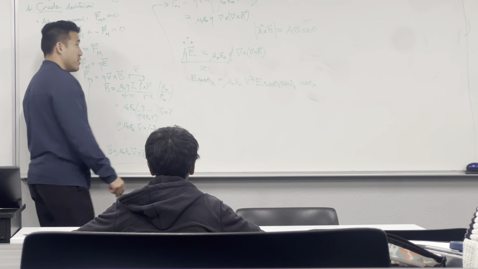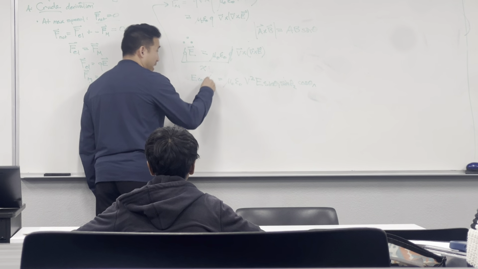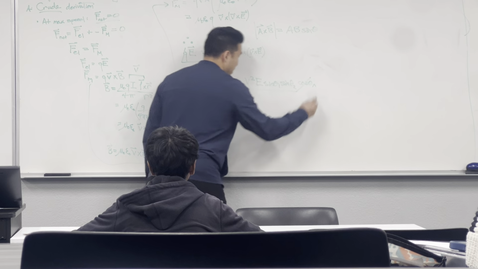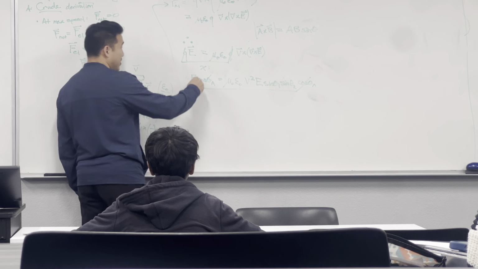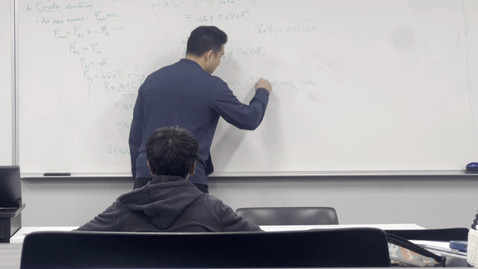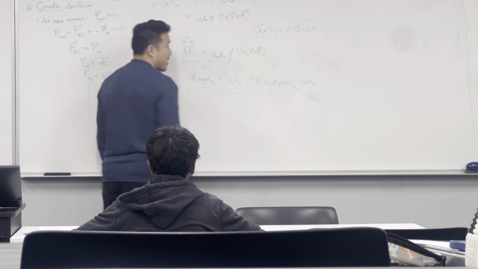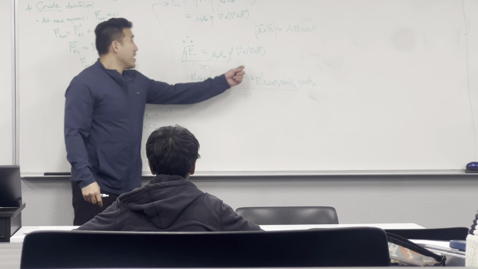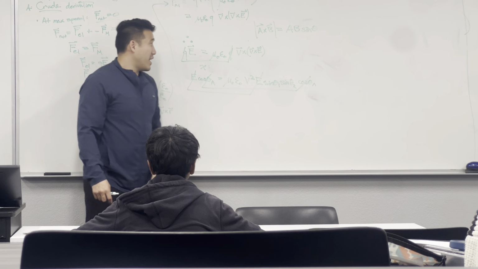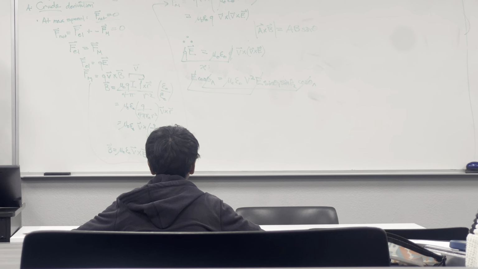So what can cancel? Cosine of theta A. What other can cancel? The electric field can cancel. Sine of theta 1, sine of theta 2. Look at the direction between the electric field and the velocity.